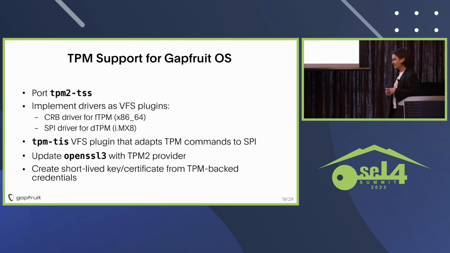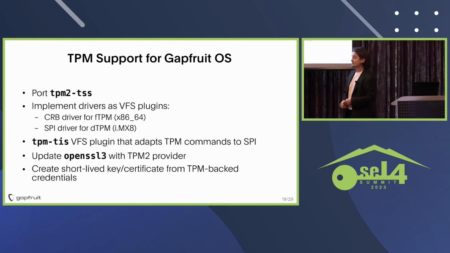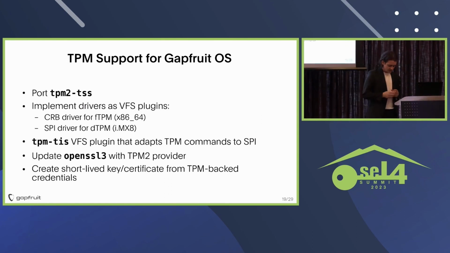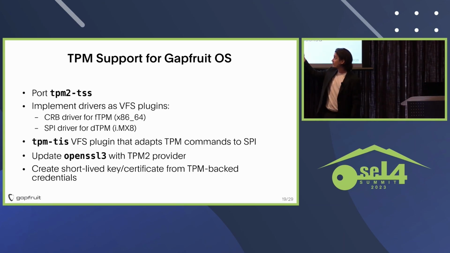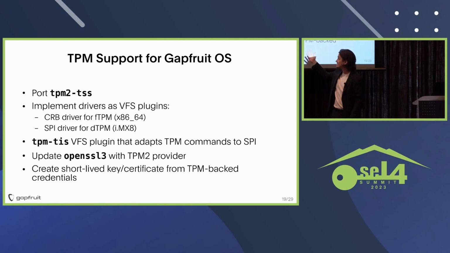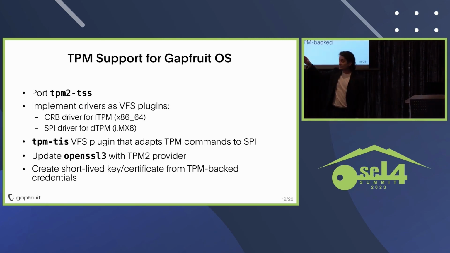Now, what did we have to do to enable TPM support on Gapfruit OS? Oh man, this was quite involved. We had to port the whole TPM2 TSS stack from Linux. This involved implementing drivers as VFS plugins, like the CRB driver for fTPM on x86 and the SPI driver for discrete TPM on the i.MX8.